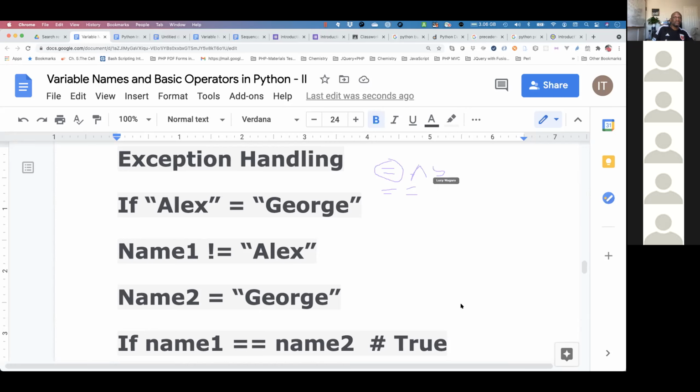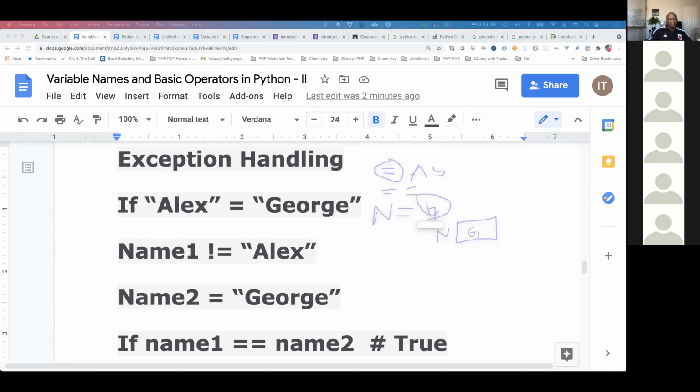For example, let's have N for name, and we say N equals G. This tells our CPU to create a variable, a temporary memory location called N, then take G and put it inside. So it assigns the letter G to a memory location called N.